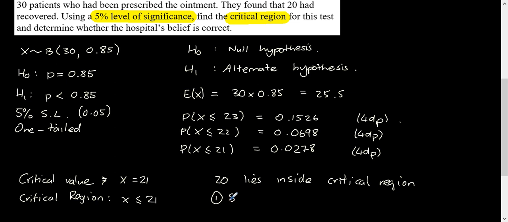The first conclusion, and this is the language I want you to get used to using, is that there is sufficient evidence to reject the null hypothesis H0. So you're going to make two conclusions here. The first one is always whether or not you can reject the null hypothesis. So the null hypothesis, remember, is that the probability is 0.85. We're saying that we have sufficient evidence here to reject that hypothesis.